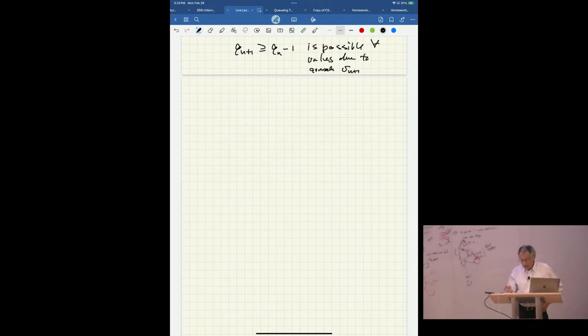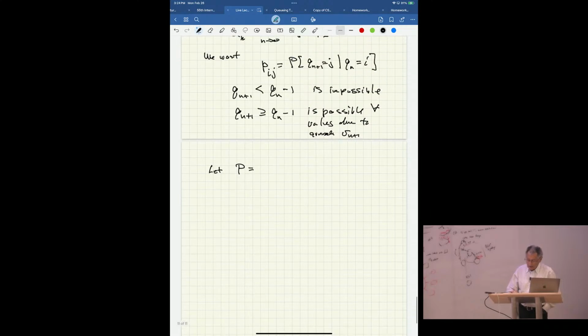Okay, so let's define a probability transition matrix. Let capital P be the set of those Pij's. It's a matrix of these numbers Pij, for i, comma, j, comma, equal to 0, 1, 2, etc. And I'm going to make a definition now.